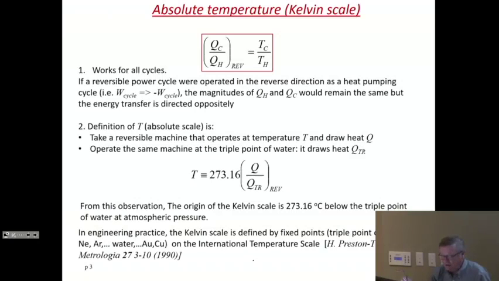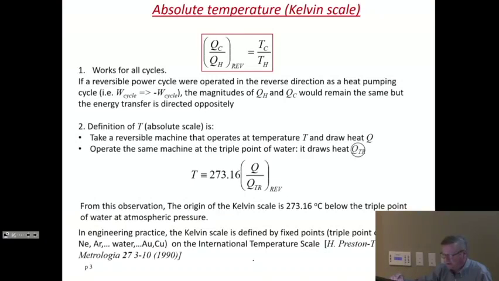Well, what they did, it's again an observation by Lord Kelvin, is they make a reversible machine that operates at the temperature T and draws a heat Q from outside. They operate this machine at the triple point of water, which is a well-defined temperature. It doesn't depend on pressure, it's a triple point.